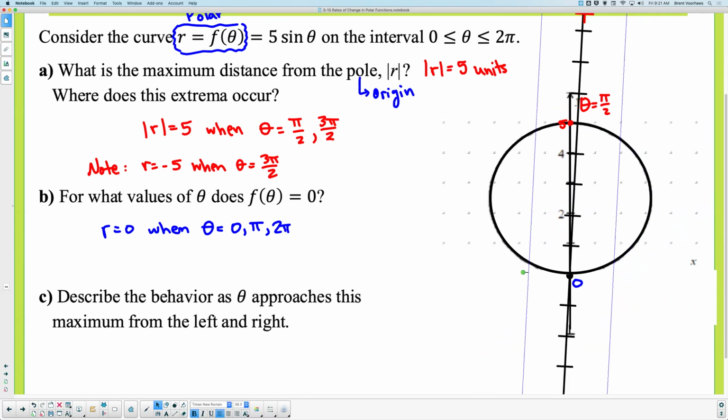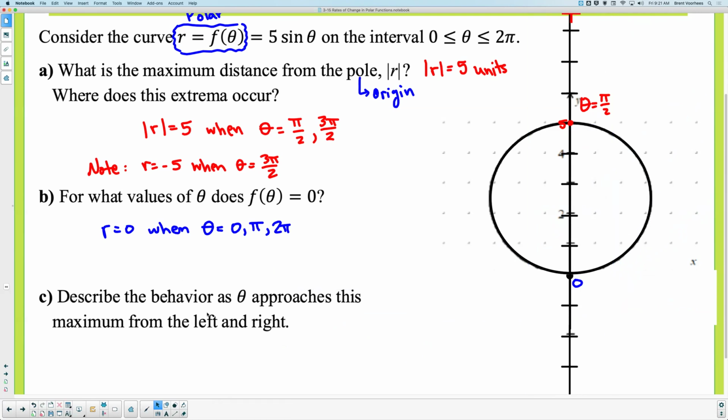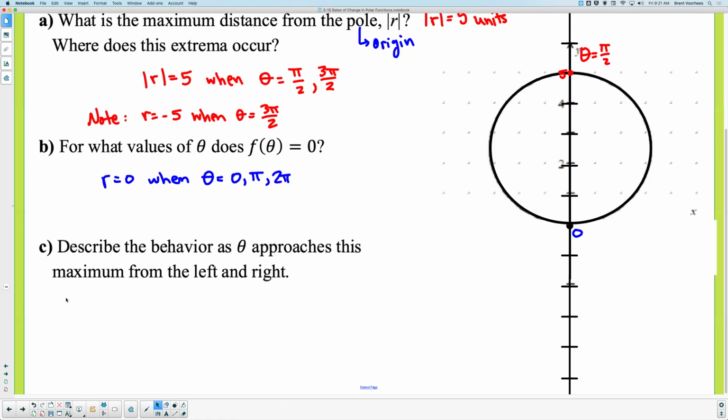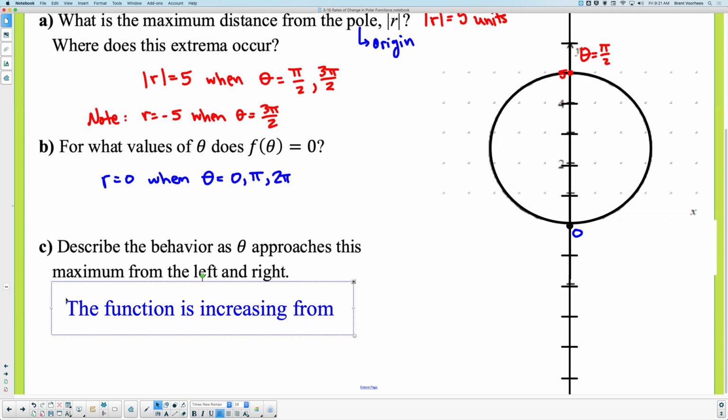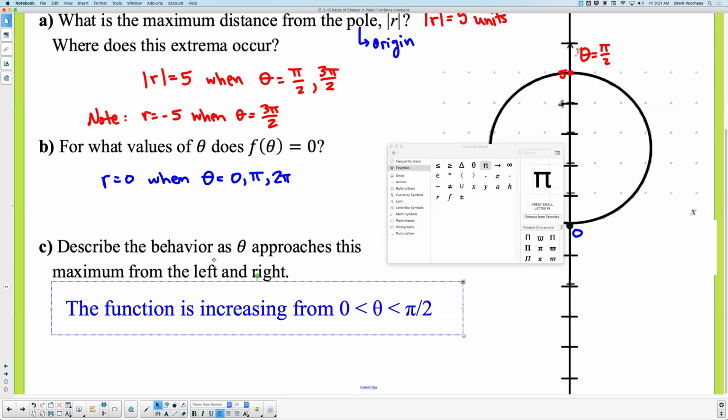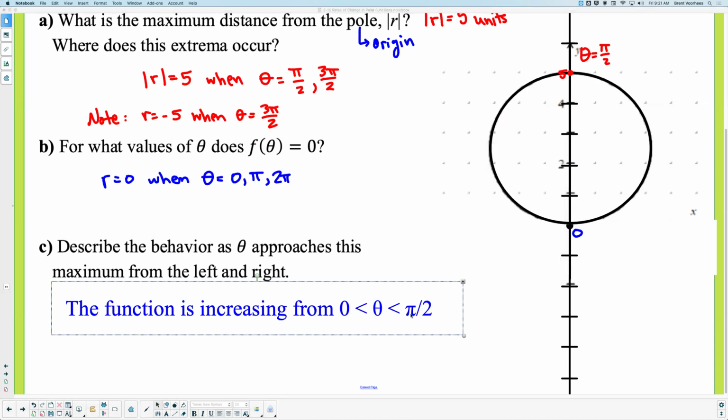Therefore, we would say the function is increasing from, let me pull up my little keyboard for the theta symbol. The function's increasing, starting at 0, as theta increases from 0 to pi over 2.